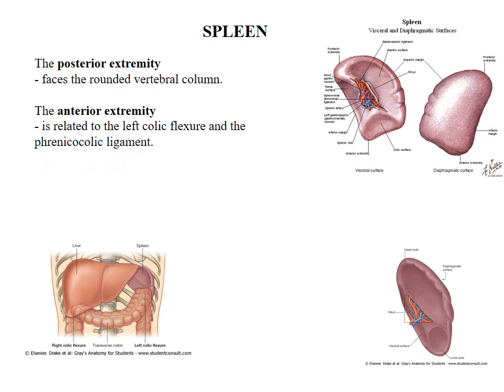Spleen has two extremities, posterior extremity which faces the vertebral column, and anterior extremity which is in relation with the left colic flexure and lies on the phrenicocolic ligament. This ligament is a major support of the spleen.